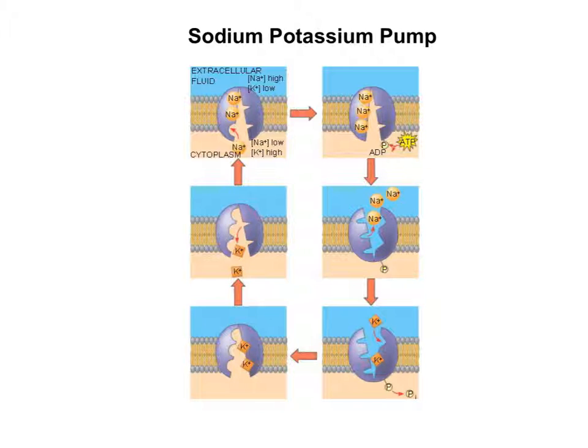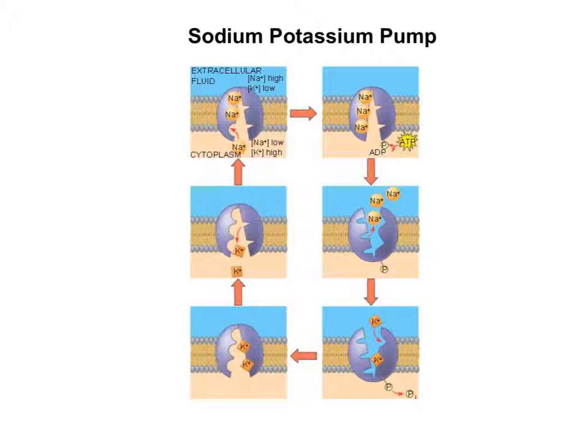So they're starting to take back in what was there before. And in the fourth one, we are starting to see the protein change in its conformation. So it starts to kick out the sodium. And then in the fifth part, the loss of the phosphate restores the protein's original conformation.